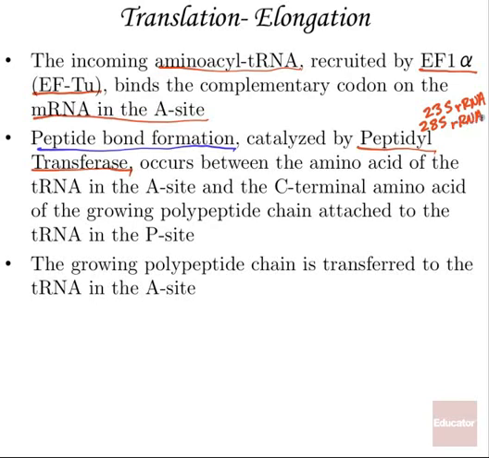So the peptide bond formation occurs between the amino acid of the tRNA that's in the A site, so it just came in, and the C-terminal amino acid of the growing polypeptide chain, which is attached to the tRNA that's already in the P site. I'll draw this out in just a couple slides. And finally, the growing polypeptide chain gets transferred to the tRNA in the A site, and we will have what's called translocation occurring.